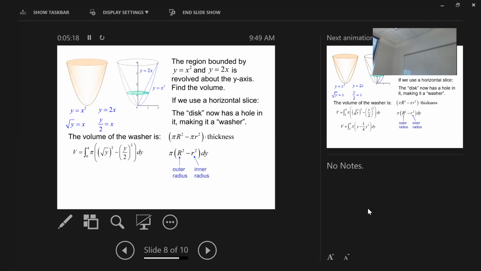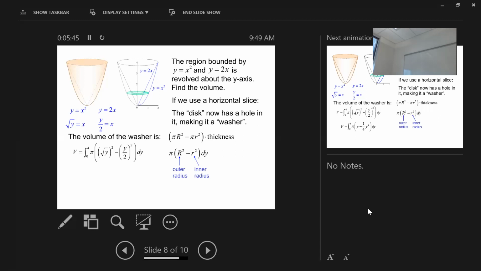Because this outside radius, that's y equals x squared, so it's x equals root y. So what's the outside radius? Root y take away 0. They didn't write take away 0. I think you should. That's big R. What's little r? The line. y over 2 take away 0.